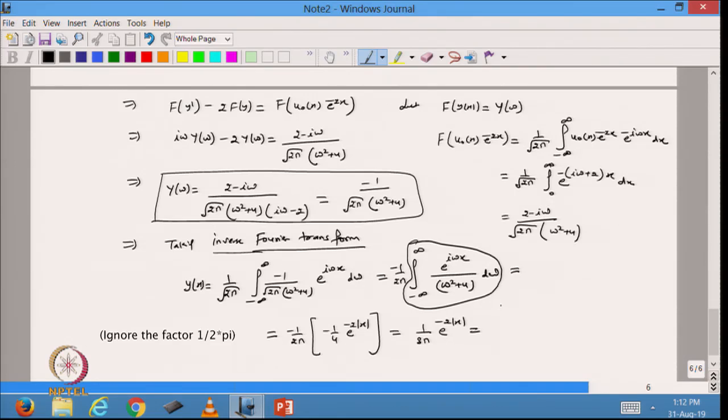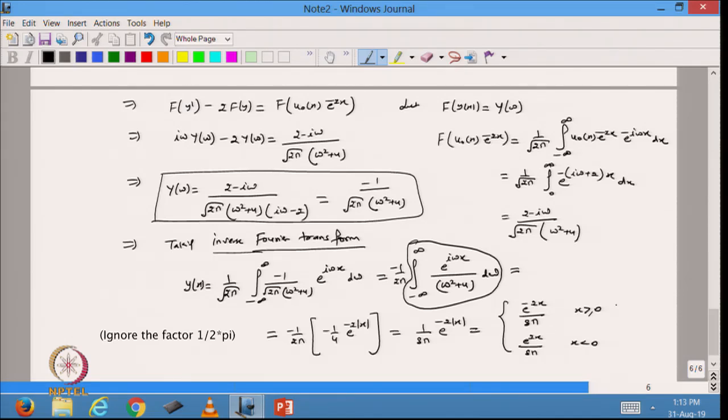Which can be further written as e raised to power minus 2x by 8 pi when x is positive, and its value will be e raised to power minus, so minus minus will be plus, 2x by 8 pi when x is less than 0, and when x is equal to 0, its value will be just 1 over 8 pi.